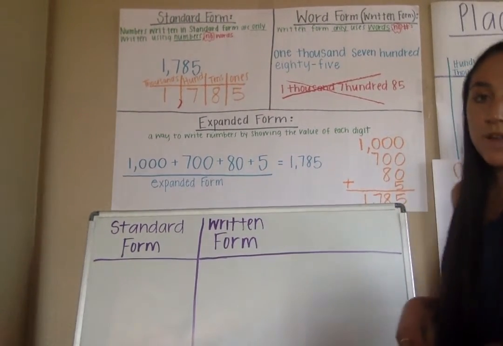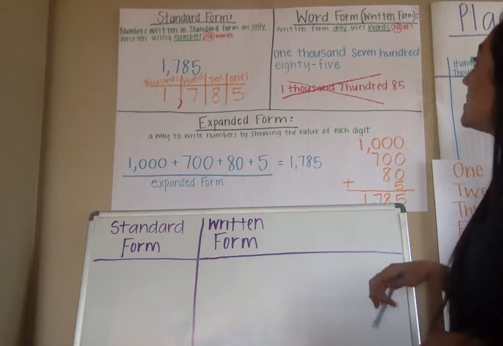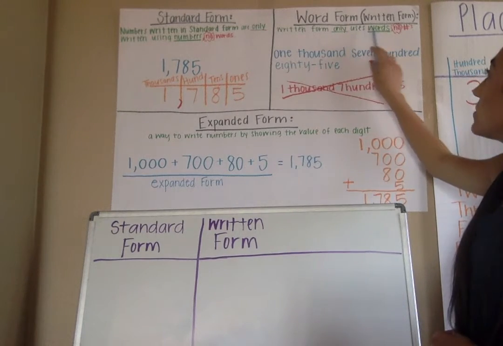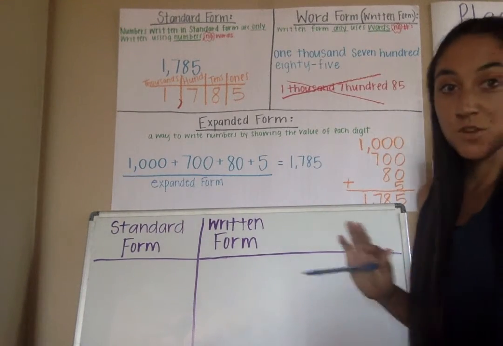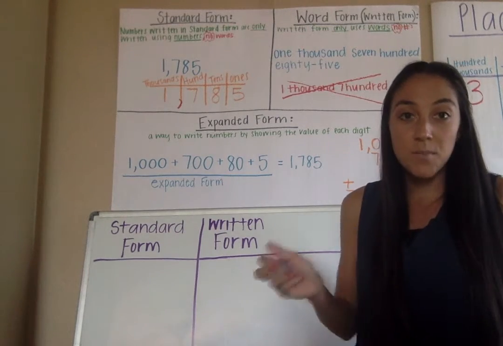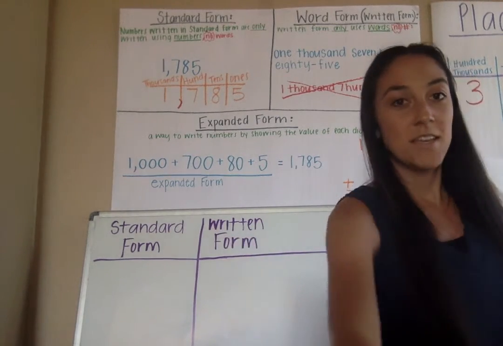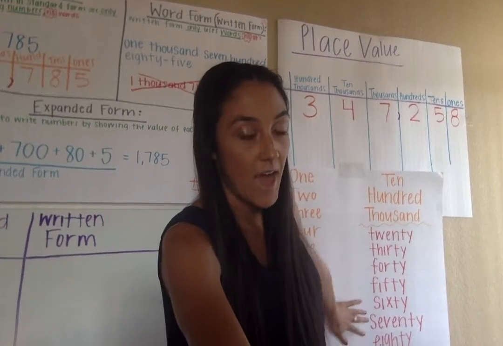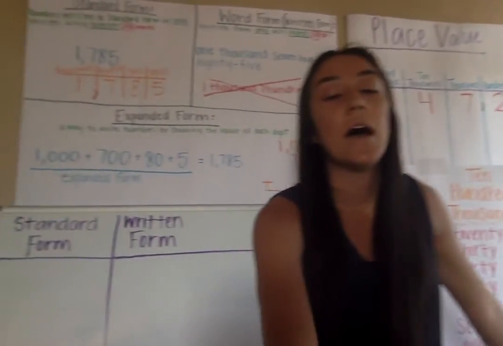Word form or written form, which we're really going to focus on today, is only using words, no numbers at all. If you use the numbers, you're writing them out and spelling them out just like I have on this chart.